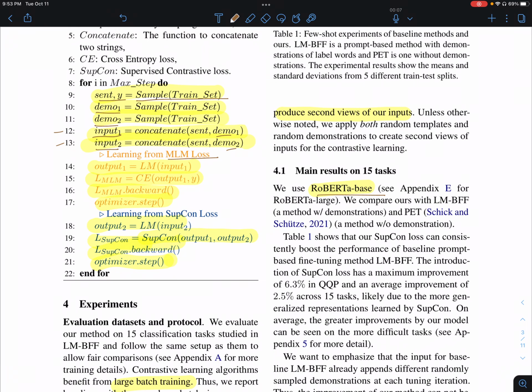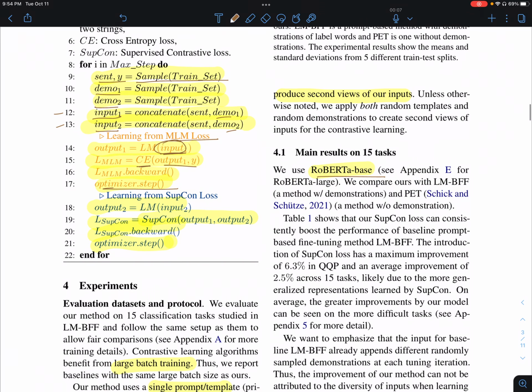To learn from the MLM loss, they compute the cross entropy of the output of the language model when it is presented with input one, and they use that to update the weights of the language model.